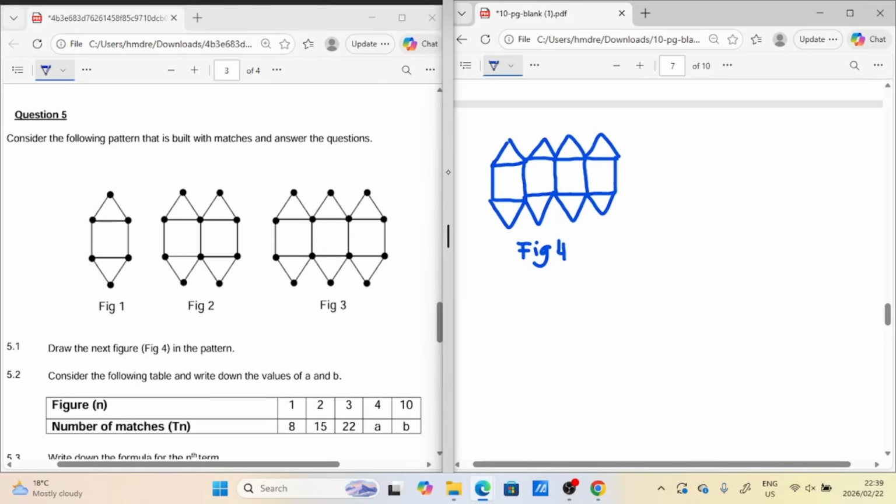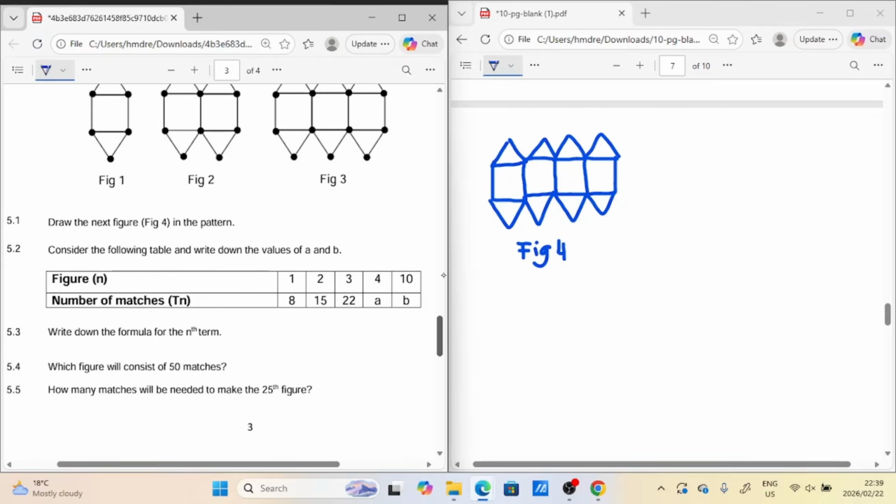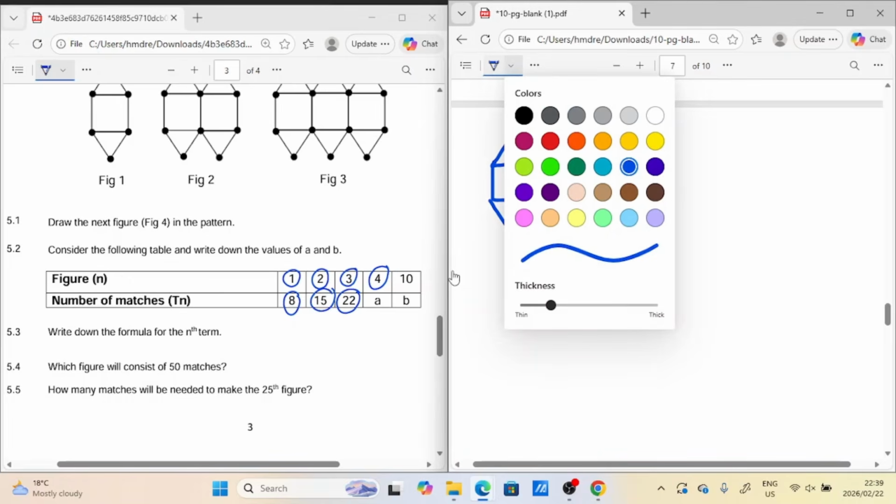Then 5.2, consider the following table and write down the values of A and B. We can see in the first figure, there are 8 matches. In the second figure, there's 15 matches. Third figure, there's 22 matches. In the fourth figure, how many matches are there? We can count this figure that we have just done.